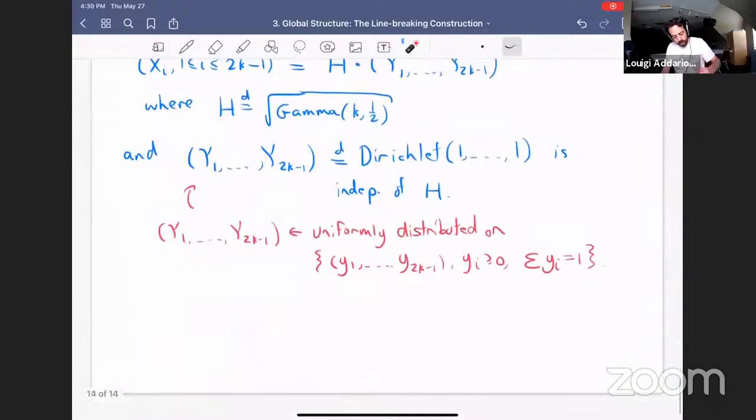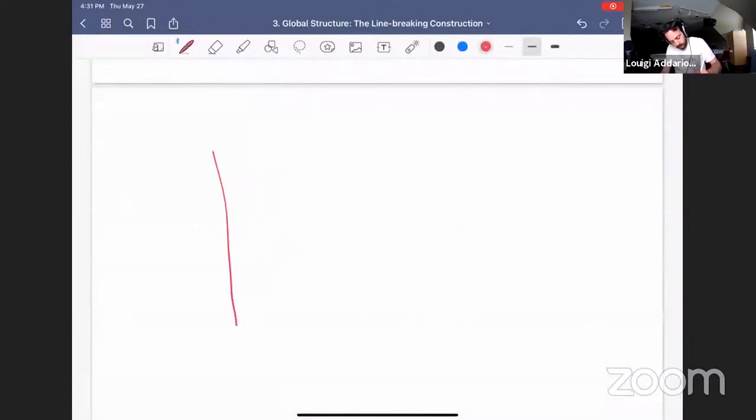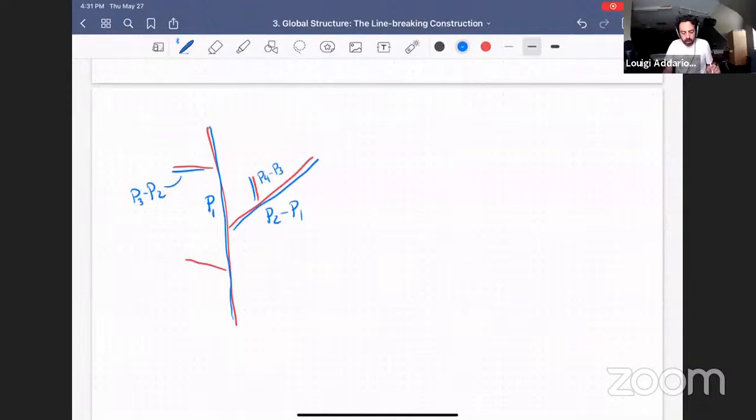So that was the theorem that said if we look at this branch and this branch and this branch and this branch and this branch, that the first length was like the first value in a Poisson process, and the second one was like P2 minus P1, and the third one was like P3 minus P2, and the fourth one was like P4 minus P3, where these are the points of the Poisson process.